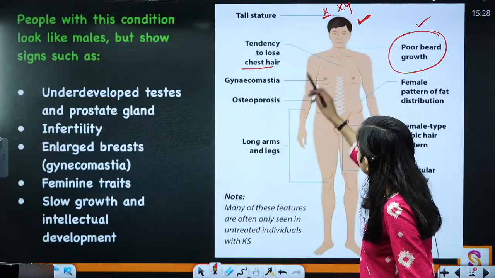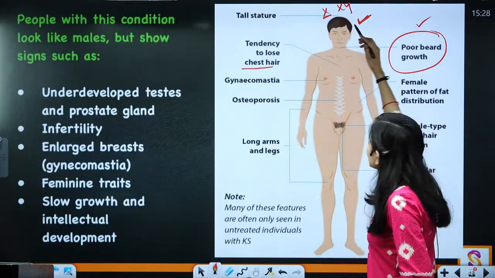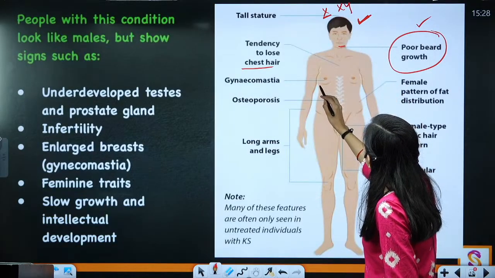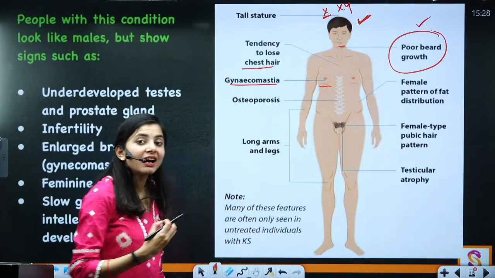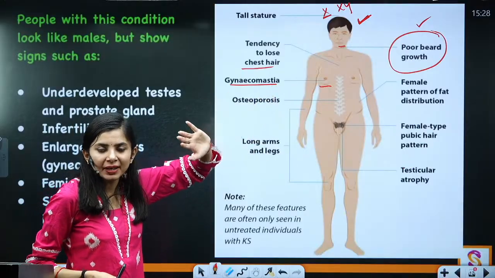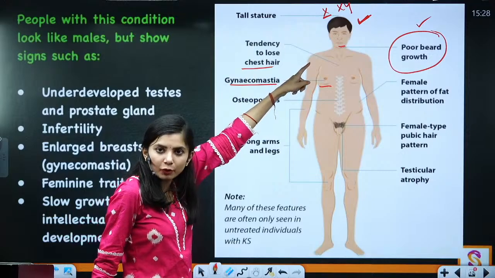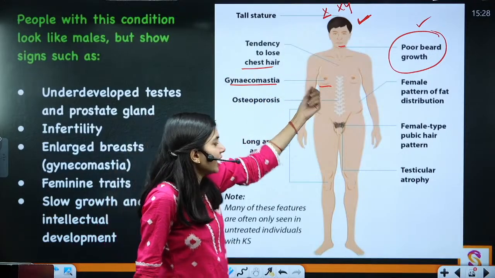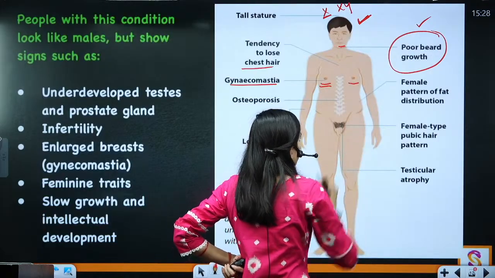Now in case of Klinefelter syndrome, that particular male is going to have gynecomastia, meaning enlarged breast. Usually in the male the breast area is not enlarged, but for such a male, the breast area is going to be enlarged. So you can see some sort of curve there.